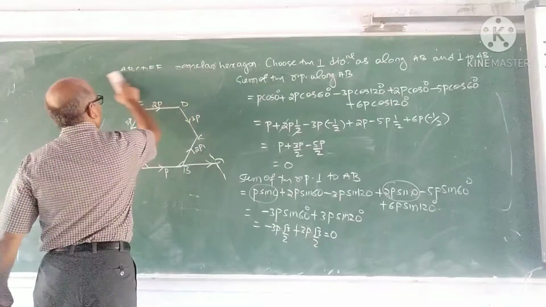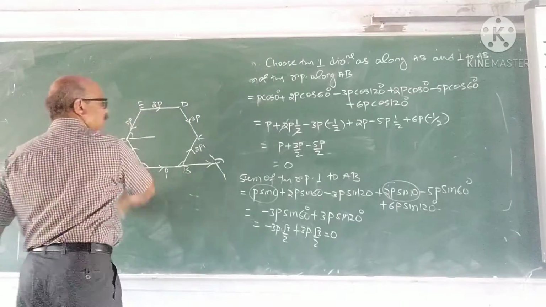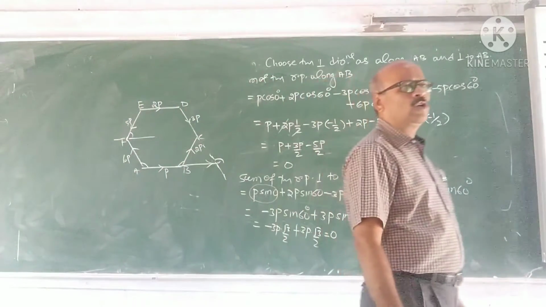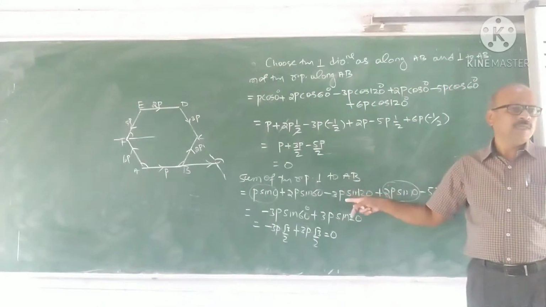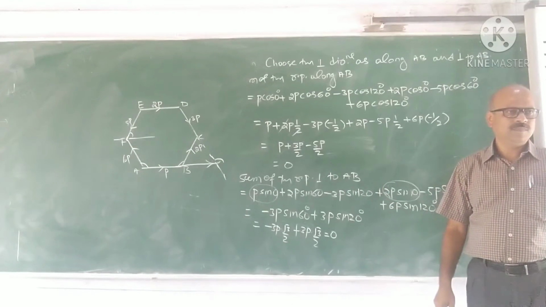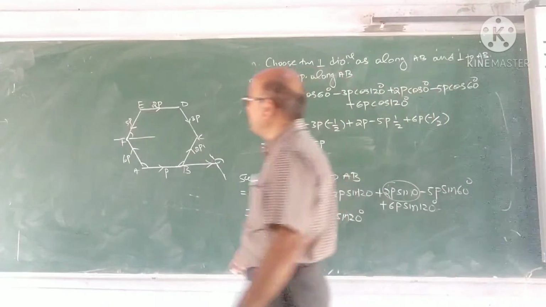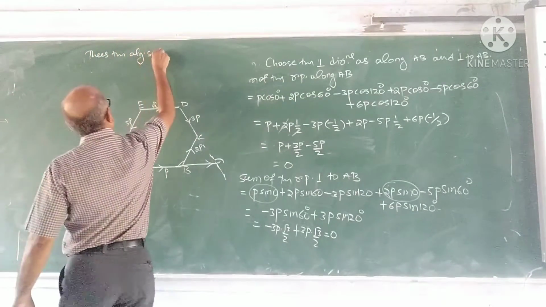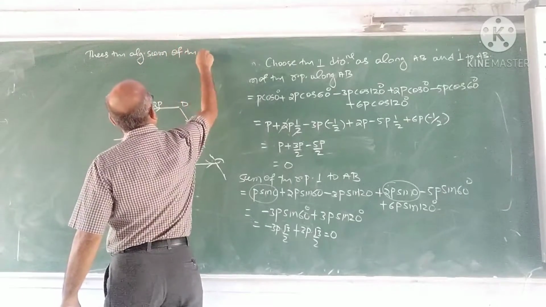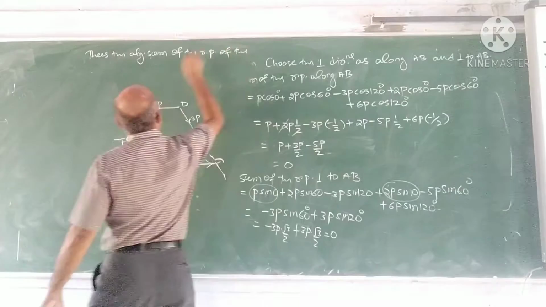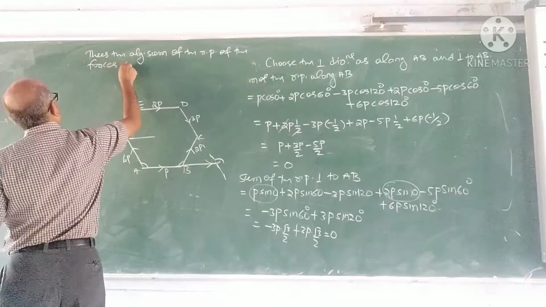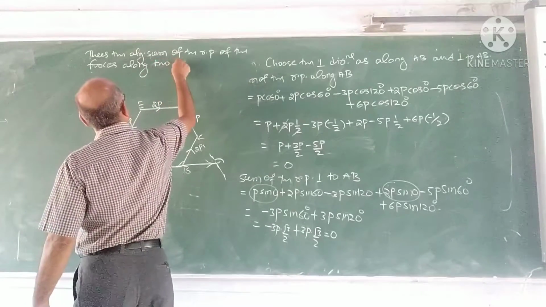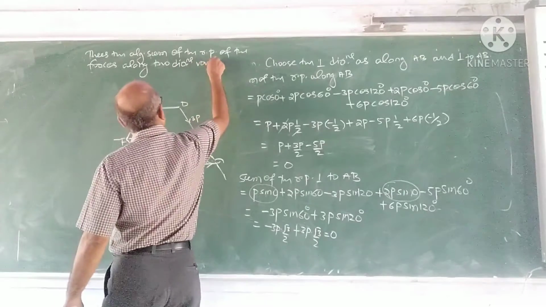So what have we obtained? The algebraic sum of the resolved parts of these 6 forces along 2 perpendicular directions separately vanishes. Thus, the algebraic sum of the resolved parts of the forces along 2 perpendicular directions vanishes separately.